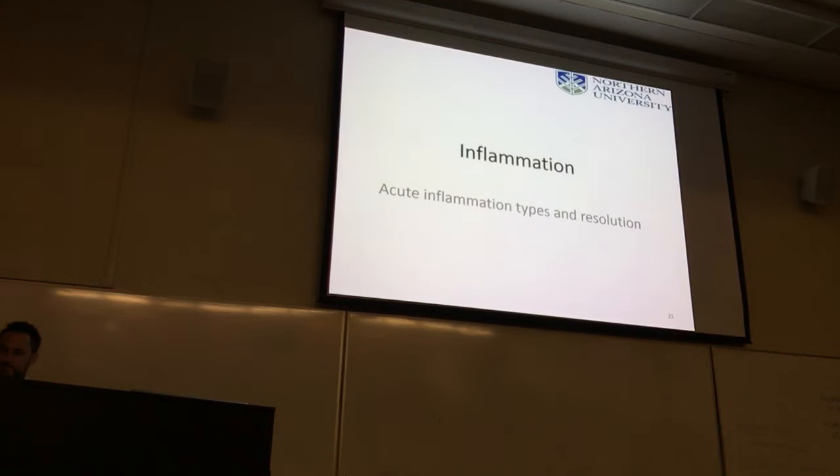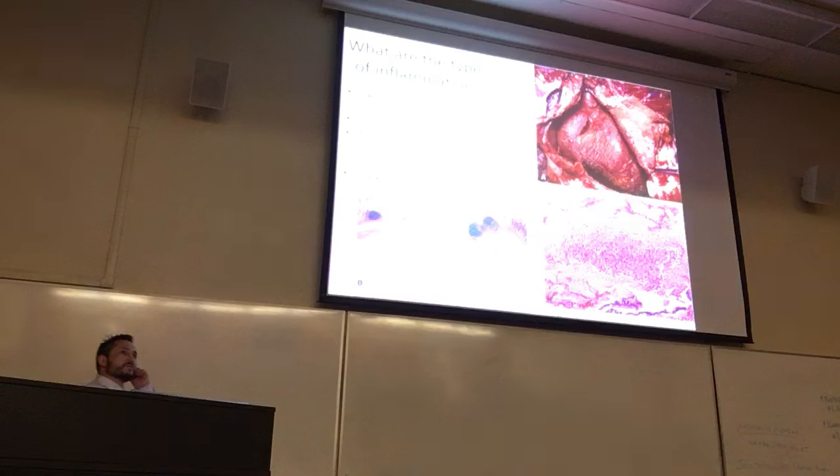So the different types of inflammation, very similar to the different types of necrosis, we can characterize in four main categories. So we've got serous, fibrinous, suppurative, or an ulcer.